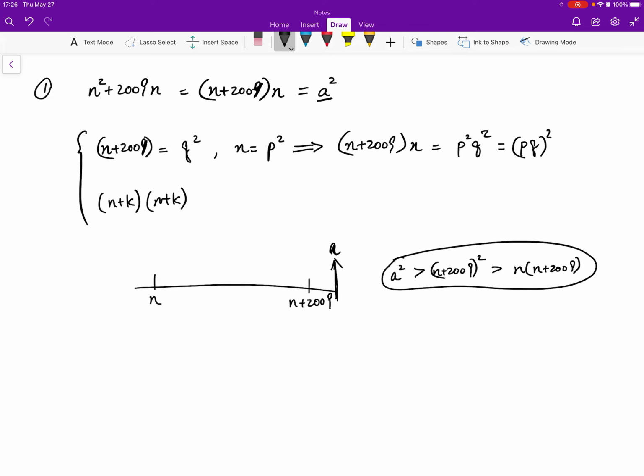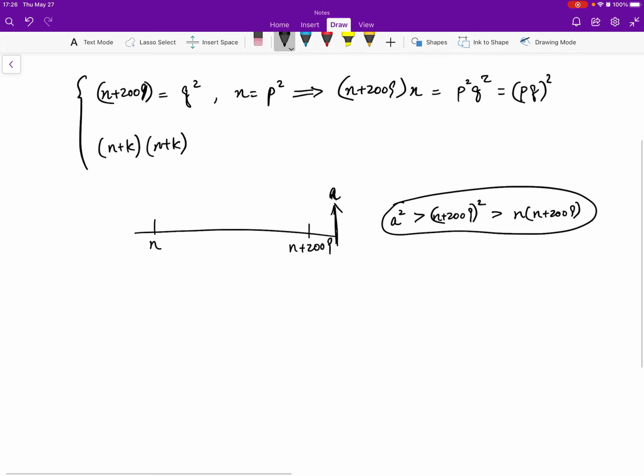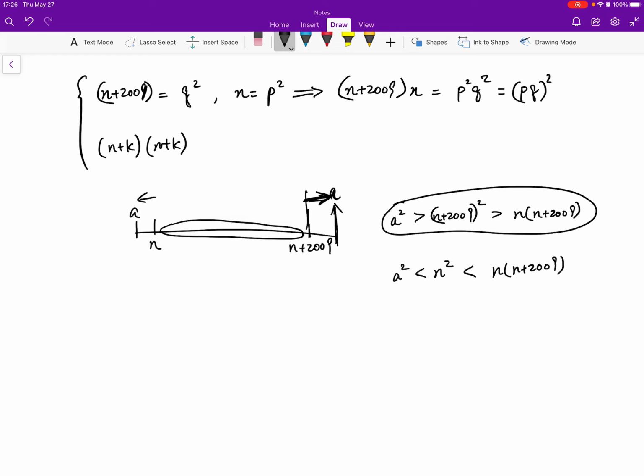Having this inequality, we conclude that a is not anywhere on this side of the number line. And if it's smaller than n, let's say a is right here, then a squared is smaller than n squared, which is smaller than n times n plus 2009. So a is definitely not here. So a must be somewhere in the middle within this area.